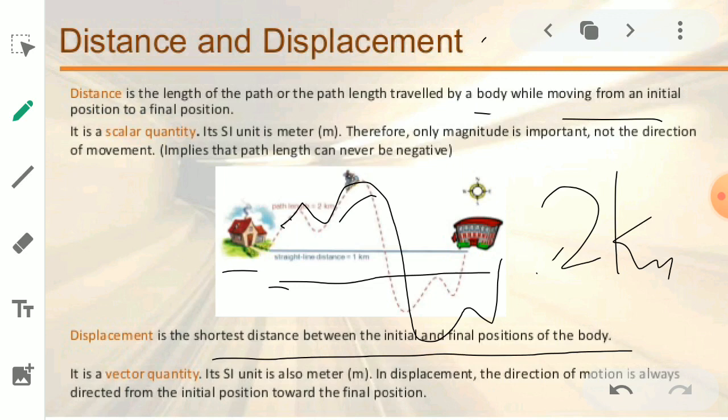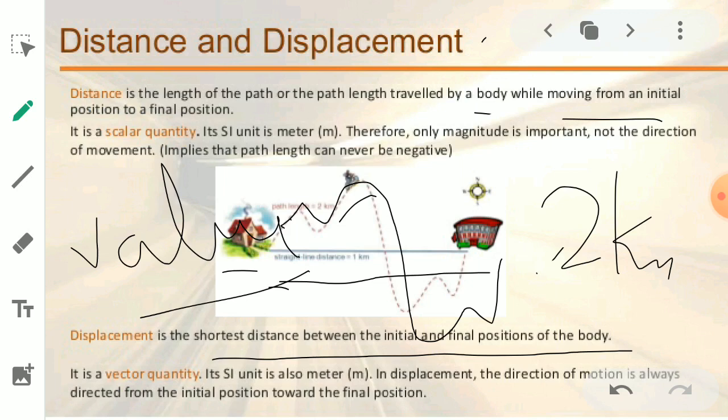Now see here it is written that distance is a scalar quantity. Scalar quantity means the distance has a value, but it does not have a direction. We can say that distance has a magnitude only, but there is no specified direction mentioned while measuring the distance. But in case of displacement, we are always saying that a person moving from the house to the school, or from A to C, is moving in an east direction.